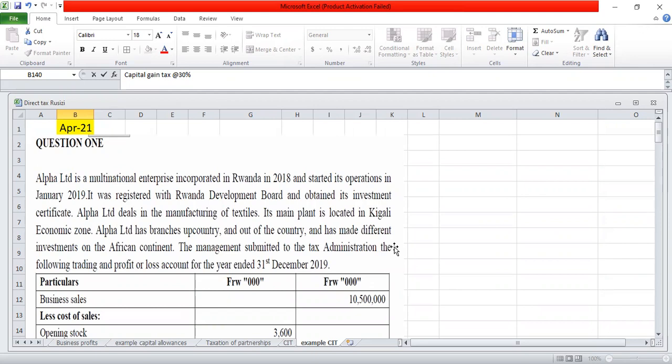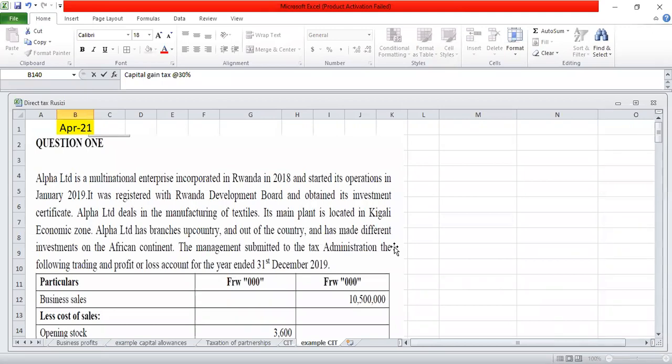Alpha Limited deals in the manufacturing of textiles. So it is a registered investor and it is in a priority sector, manufacturing. Its main plant is located in Kigali Economic Zone. Alpha Limited has branches up country and out of the country and has made different investments on the African continent.